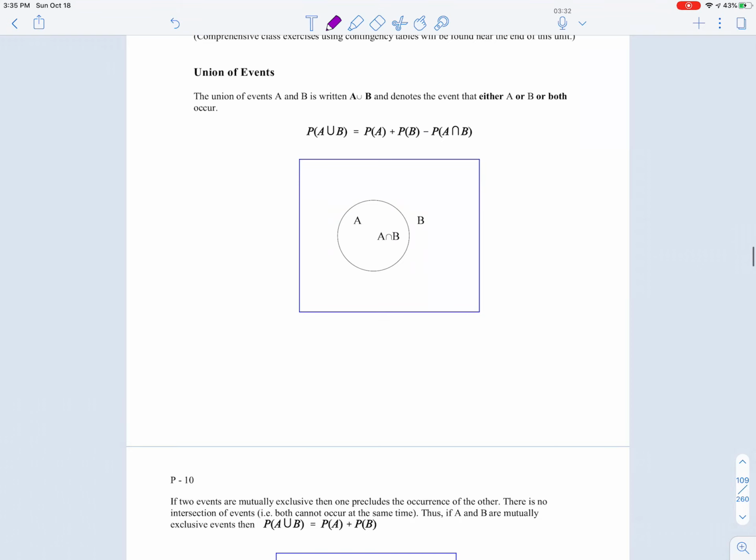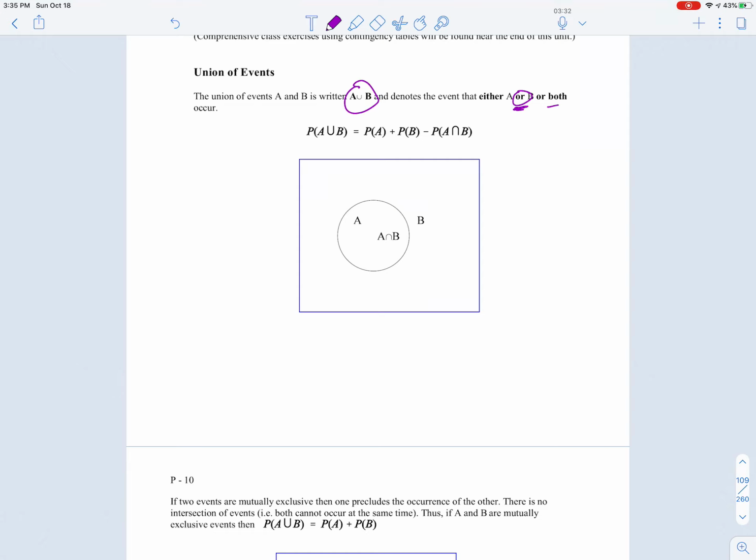Now, a union event is written like this: A with an upside down symbol that looks like a U, and that denotes the probability that either A or B or both can occur. The operative word here is or.